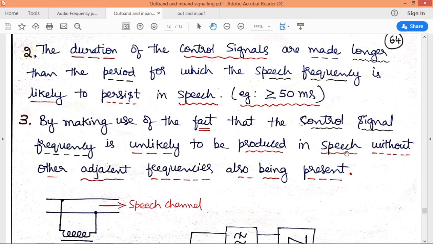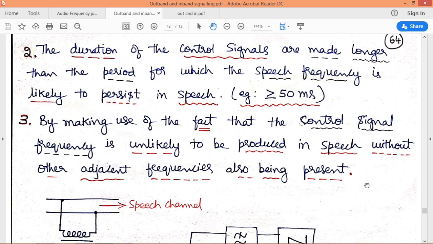The third measure taken to avoid signal imitation is, we make sure that if speech signal is producing, let us say, a 2.6 kilohertz signal, then along with the 2.6 kilohertz signal there will exist adjacent frequencies also. It is observed that adjacent frequencies are also present in case of speech signal.